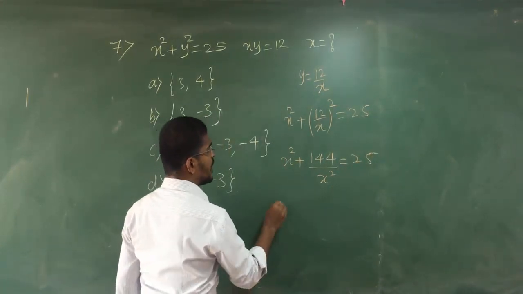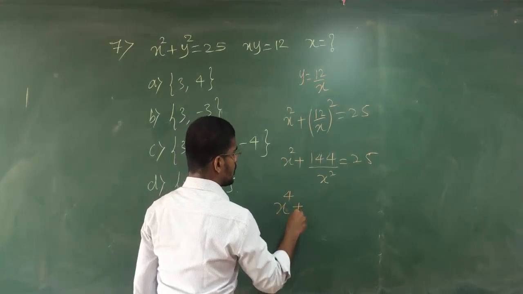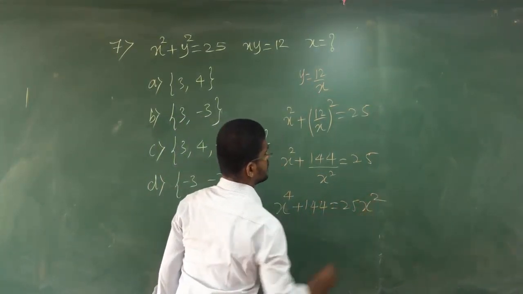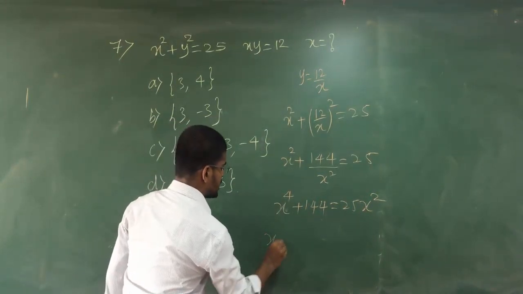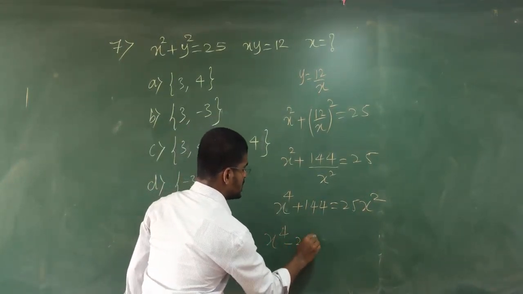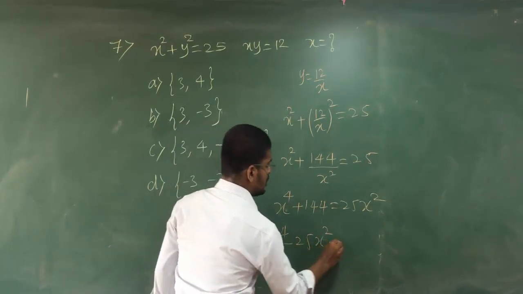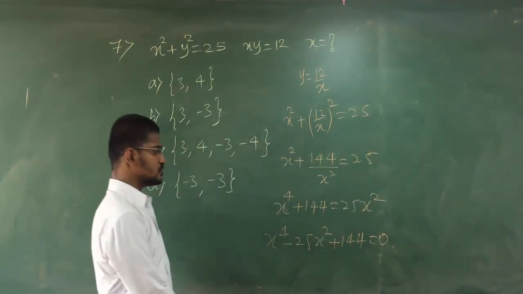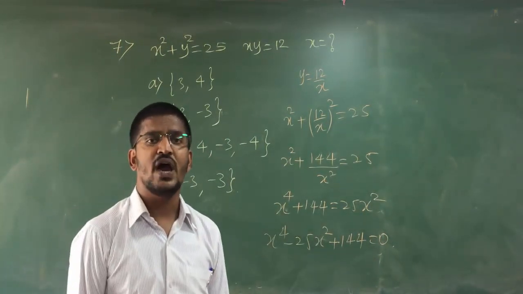Further, if you simplify, x raised to 4 plus 144 equal to 25 x square. So therefore, x raised to 4 minus 25x square plus 144 equal to 0. This much you are going to have.